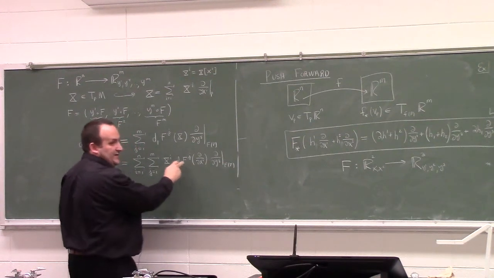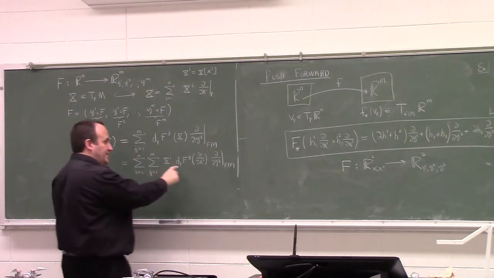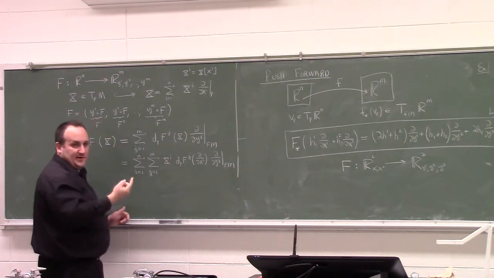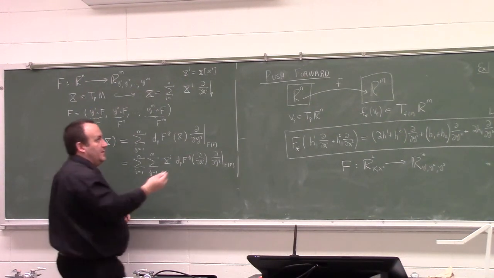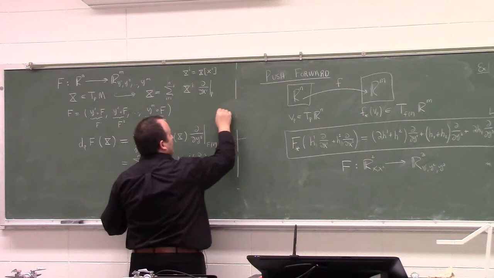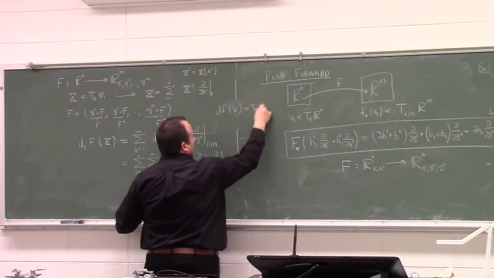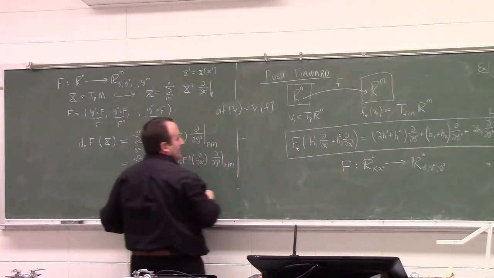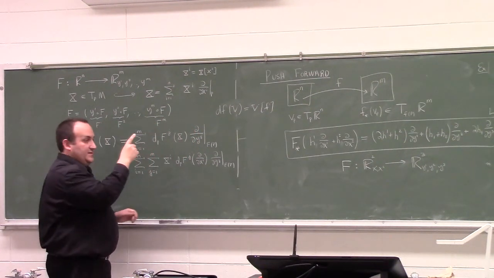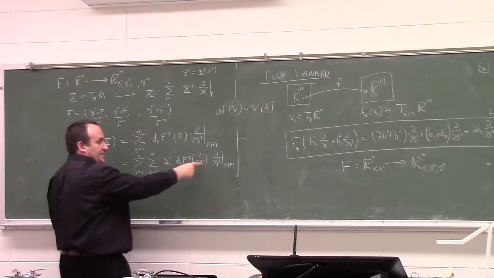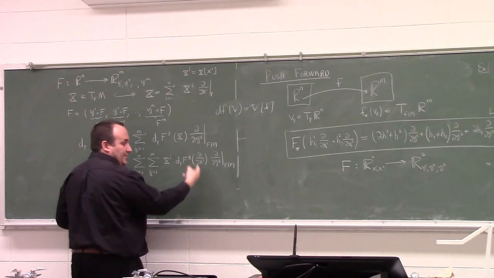This is a function. The differential of a function acts on a vector. How does it work? Last time we said that df acting on v is just v of f, remember? So applying that to the jth component function, this just becomes partial f j, partial xi.